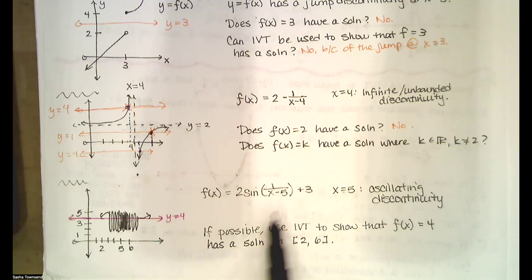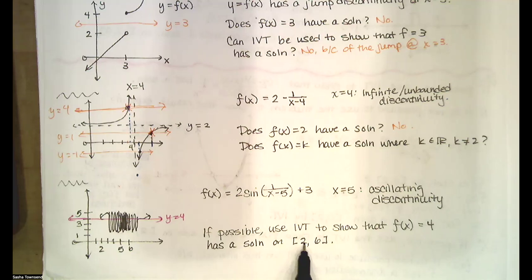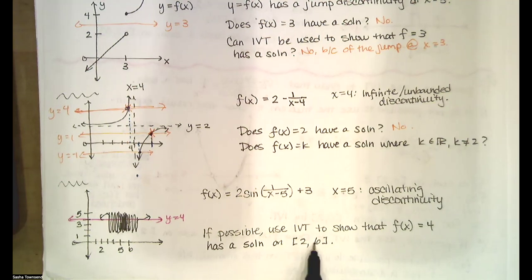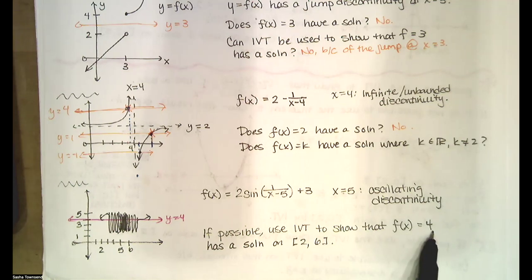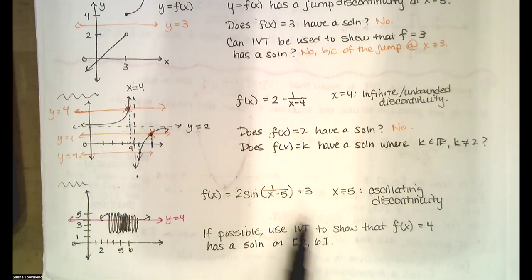The rest of the time, at any other x value, we would be fine. So if we chose an interval like 2 to 5 or 2 to 3, we would be able to find lots of x values that would map to y equals 4, but we'd have to make sure to avoid x equals 5.